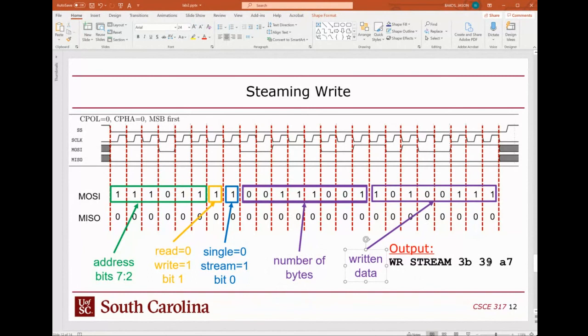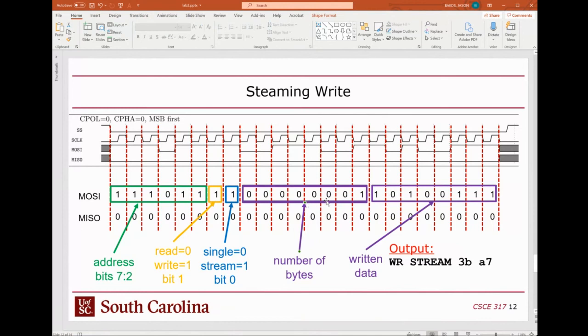And then in this case, we're just going to write A7. I'll update these slides and post them online. So in this case, we're going to write 1 byte. So we indicate that by setting bit 1 to 1 indicating a write, bit 0 to 1 indicating a stream.